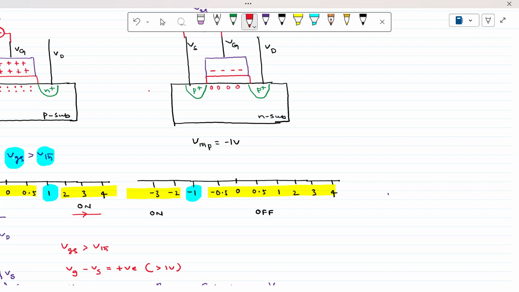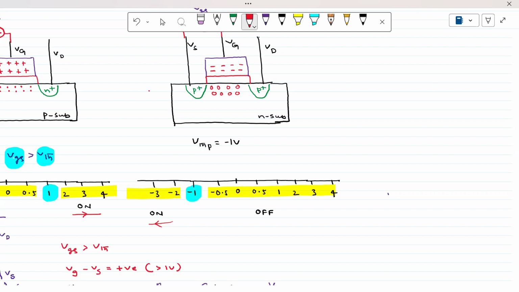More negative means this side or this side? Left side. More negative means -2, -3, -4, and so on, in the negative direction. If you apply more negative, then what will happen? More carriers will be available. That means if you increase the negative VGS value in the negative direction, the channel will be formed.